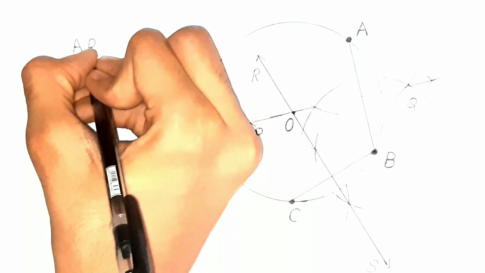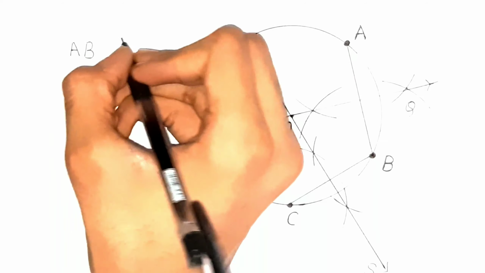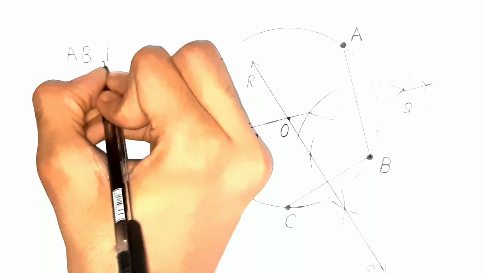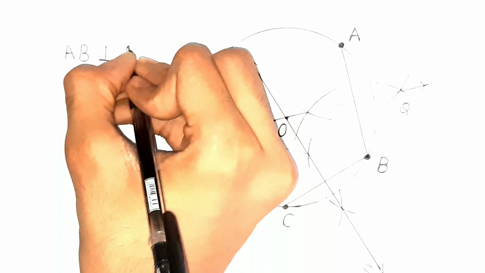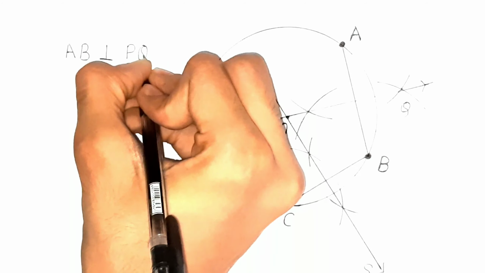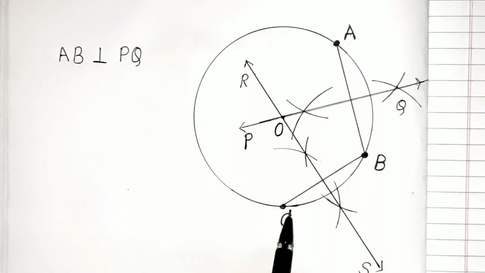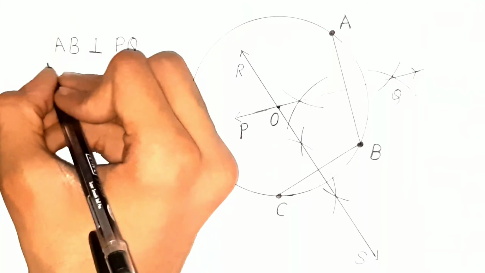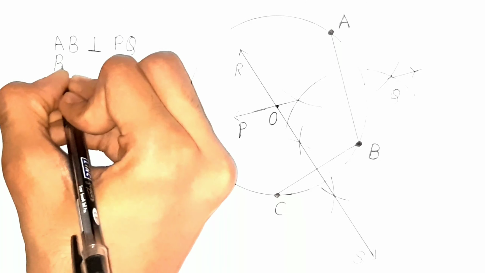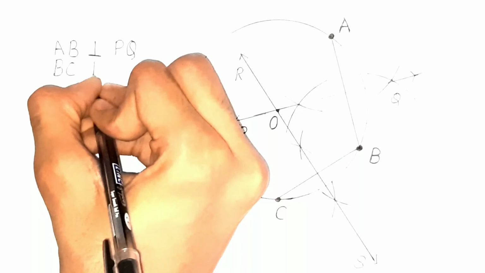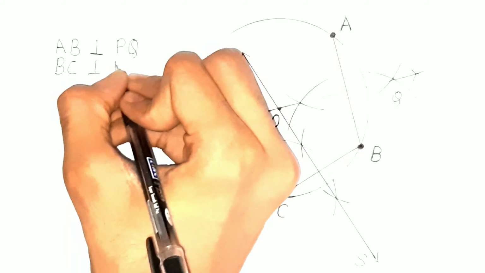So we'll write AB is perpendicular to PQ. If anyone doesn't know, the reverse T is the sign for perpendicular as shown. We'll do the same for RS and BC. So line segment BC is perpendicular to line segment RS.